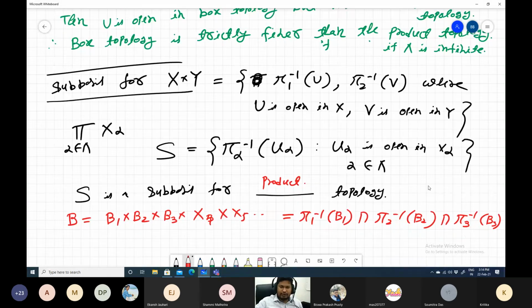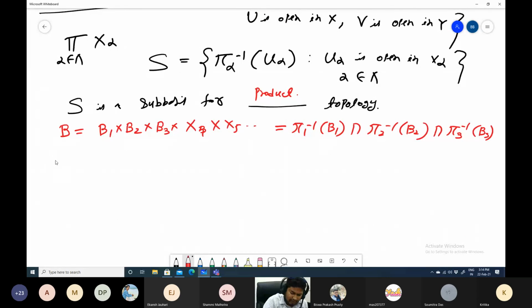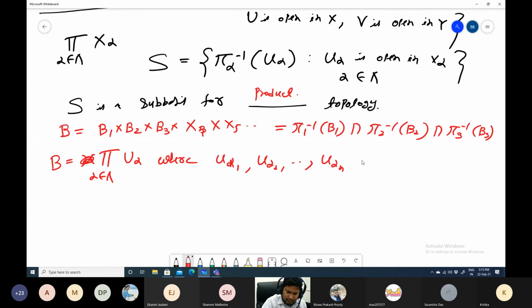Or in the general sense, I should not write it this way, since it may not be a countable product. Now say B equal to the product of U alpha, where only U alpha 1, U alpha 2, up to U alpha n are proper open sets and the remaining are the whole space.